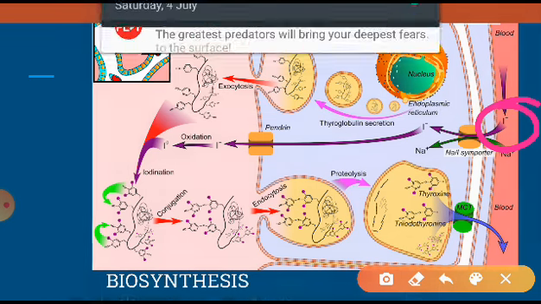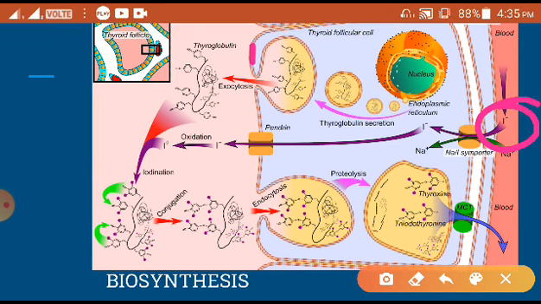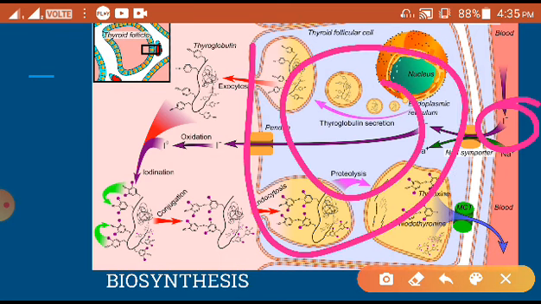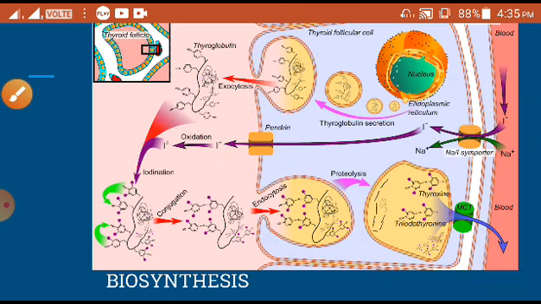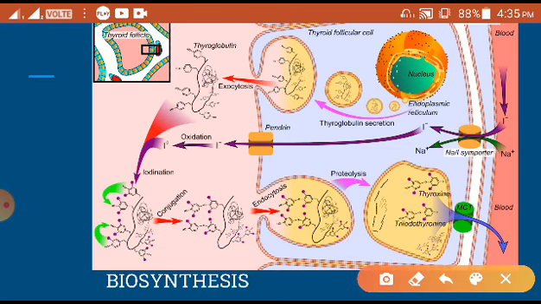This whole thing is a follicle, and this one is the lumen. Here the iodine comes from the blood and gets inside. It has actually been trapped; I will tell you later how. This iodine comes here, and when it comes here, it goes into the lumen right here.